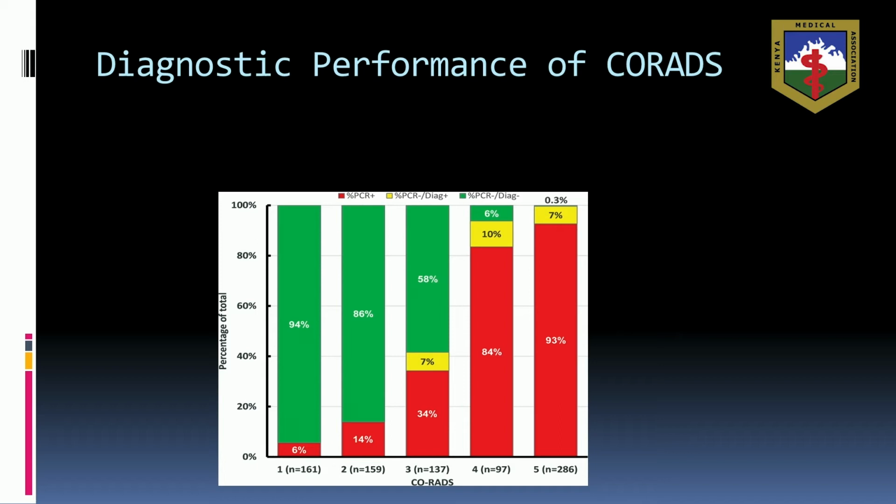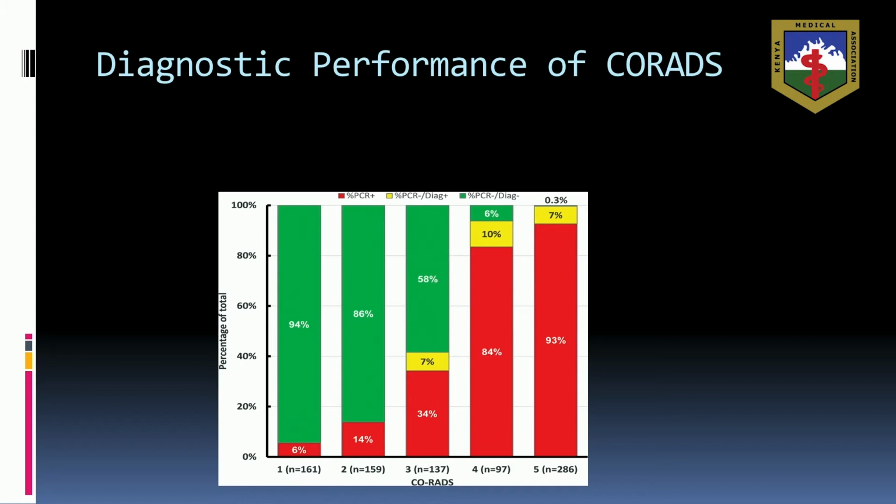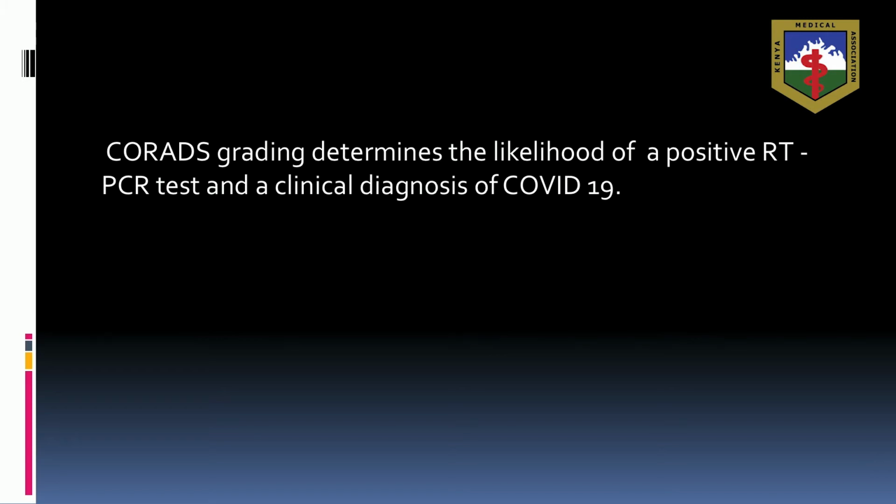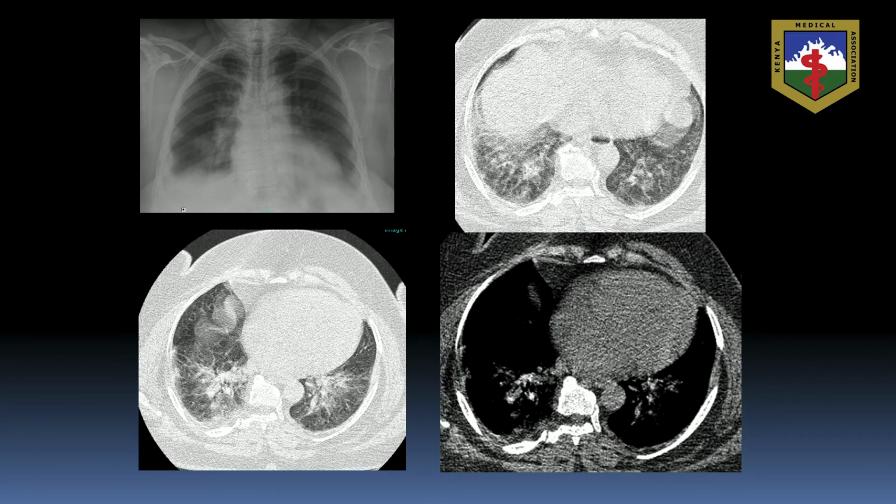So once you have a CORADS 5 on imaging, even if you were to do your PCR, chances are your PCR is going to be positive. So once you get to CORADS 4, CORADS 5, you're already thinking, can we treat, whether or not you have your PCR available. And we must remember that in our part of the world, PCR is not that easily available, and the cost is also prohibitive. CORADS grading, therefore, determines the likelihood of a positive reverse transcriptase PCR test and a clinical diagnosis of COVID-19.